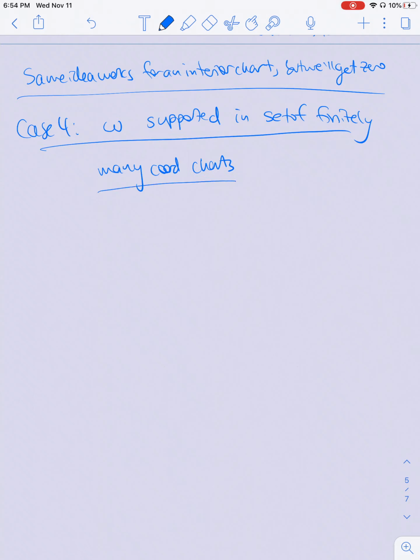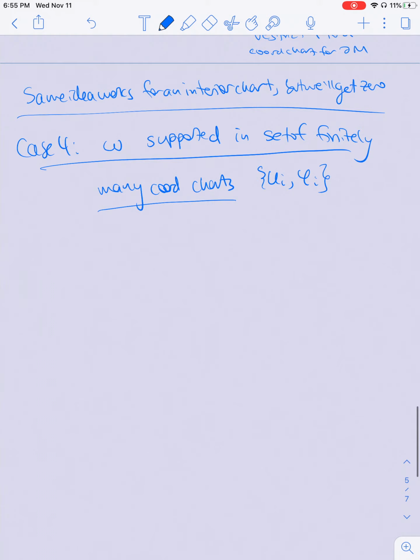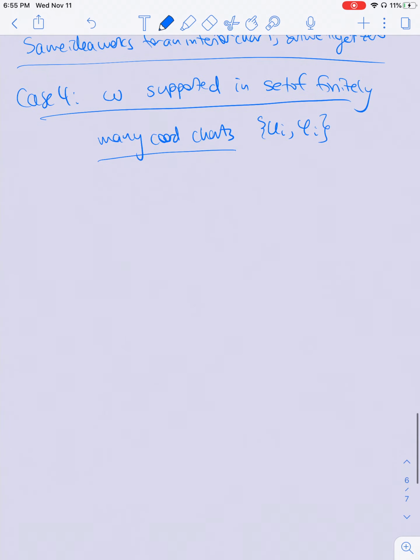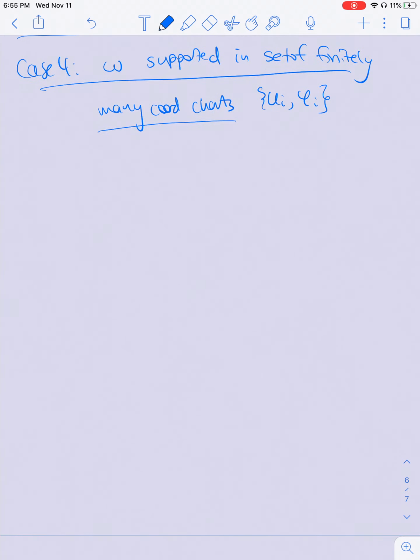Because omega is compactly supported, I can assume that it's supported in some finite set of coordinate charts. Okay, so we're going to assume those coordinate charts are called U_i and they have parameterizations phi_i. It doesn't really matter what the U_i are, but the U_i are the images in M that are parameterized by the phi_i.